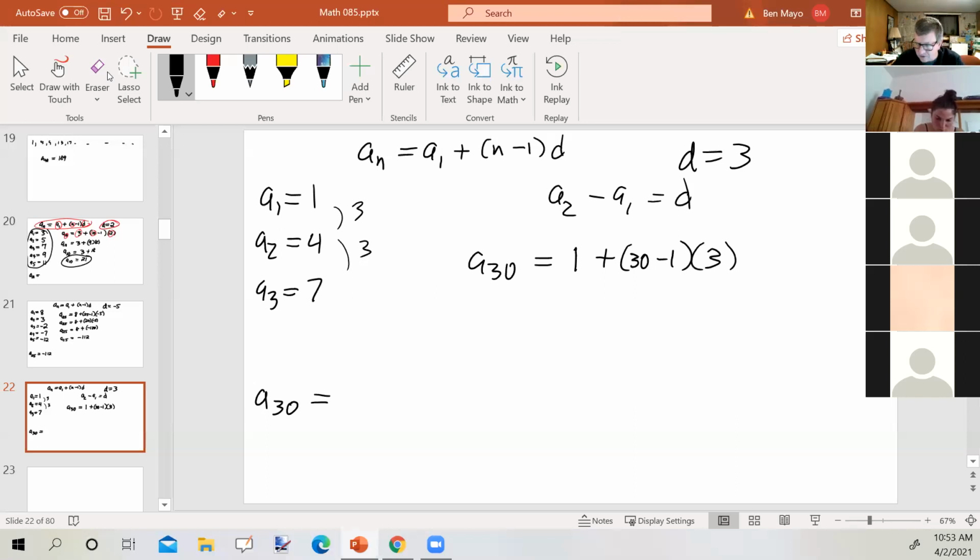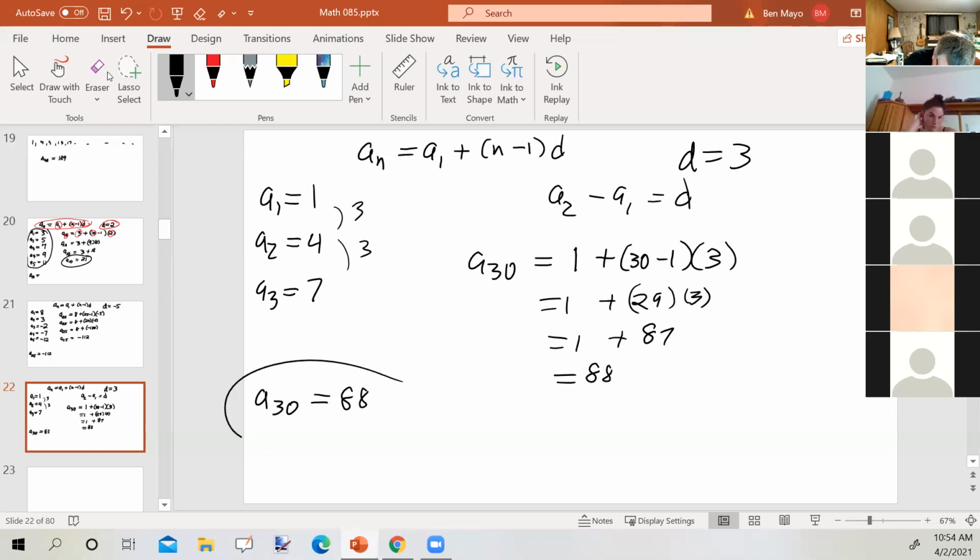Again, any questions about where I got those numbers? All right. So this would be 1 plus 29 times 3, which is 1 plus 87, which is 88. So a sub 30 is 88.